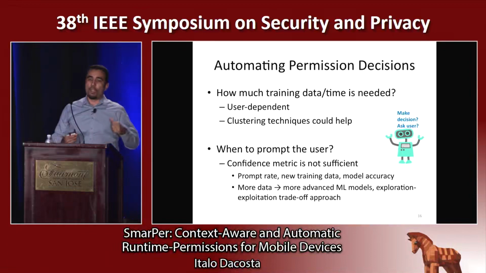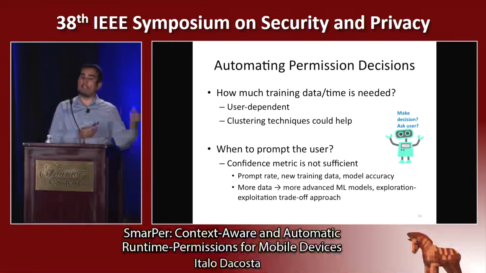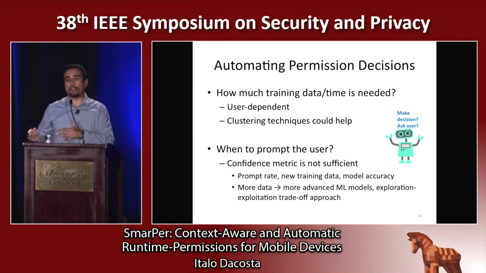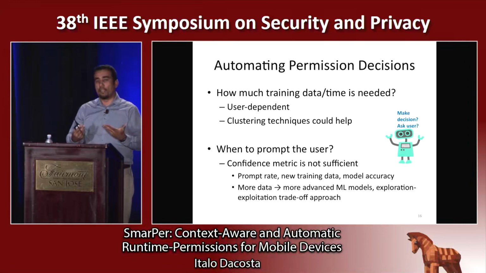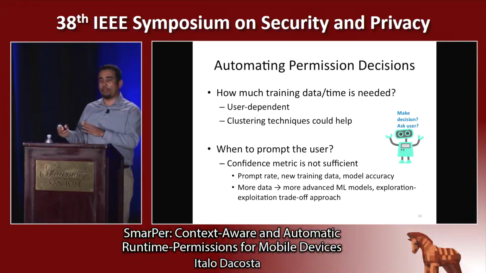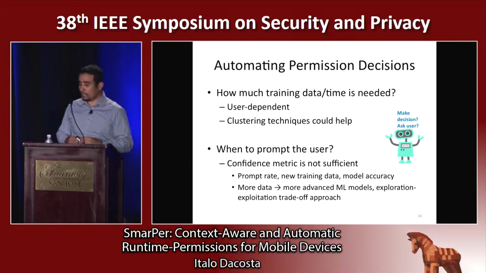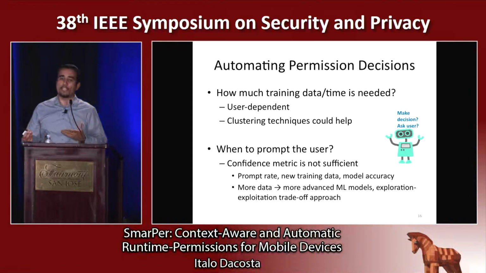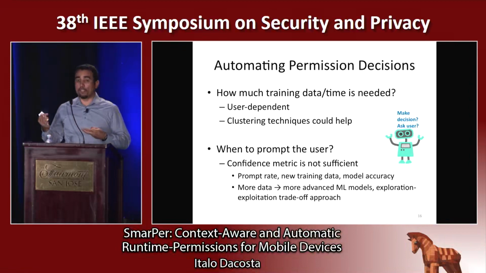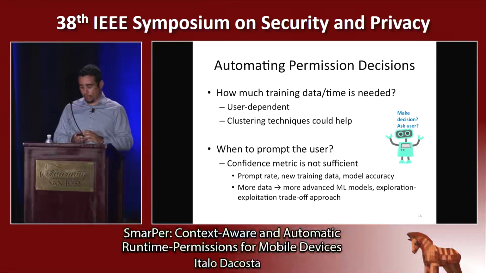For example, we cannot prompt the user all the time, so we have to take into account how many times we have prompted the user. We also cannot just automate all the time because we always need new data to keep the model updated and to keep the accuracy of the model. So henceforth, we need, again, more data to evaluate more advanced techniques to have not only better accuracy, but also consider better techniques to decide when to prompt the user.